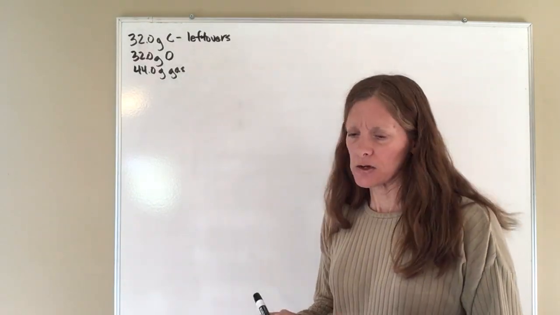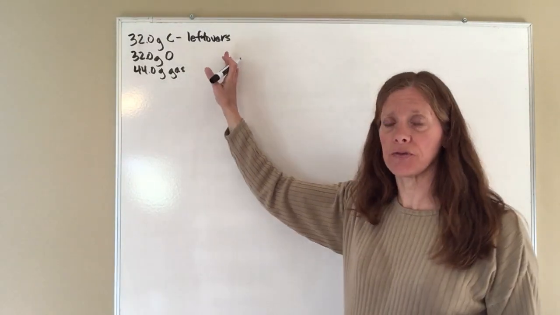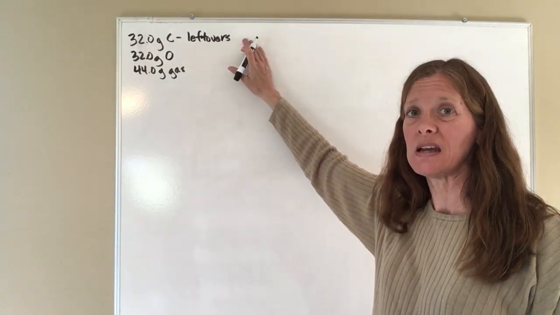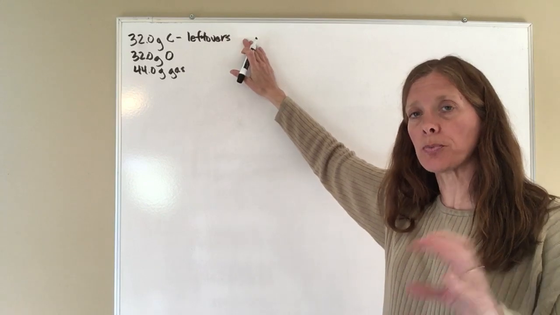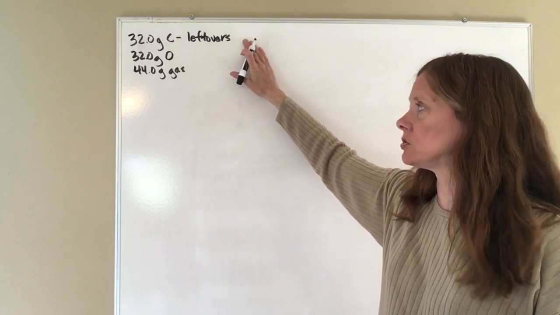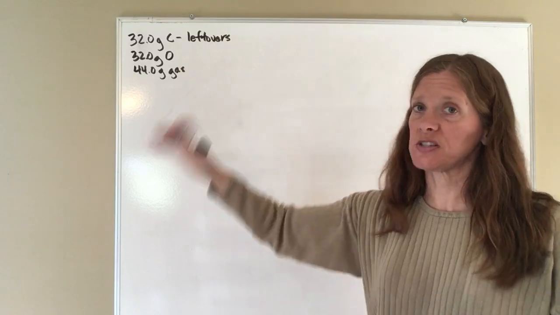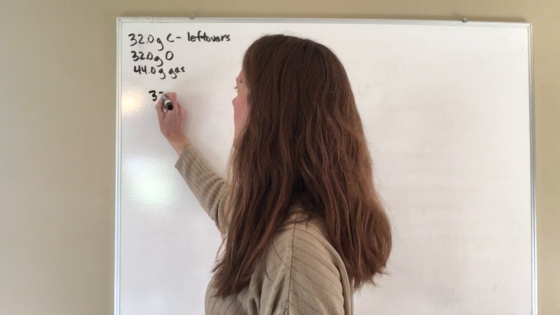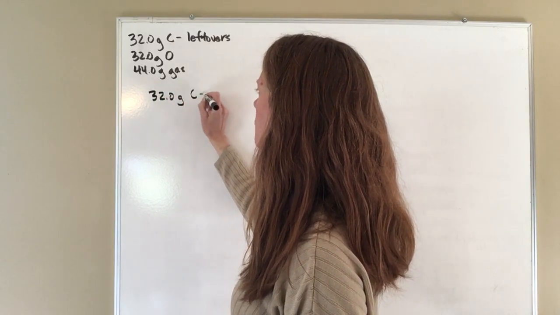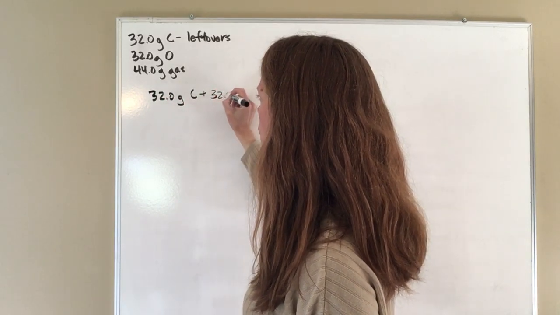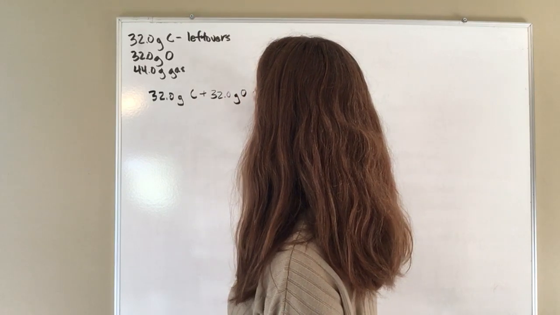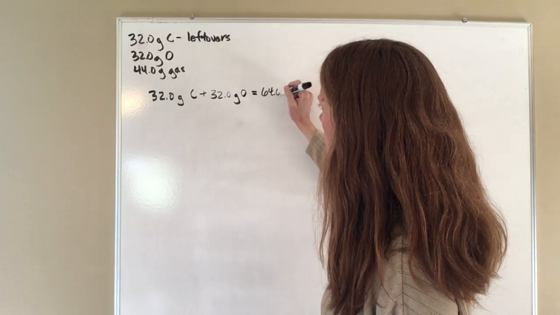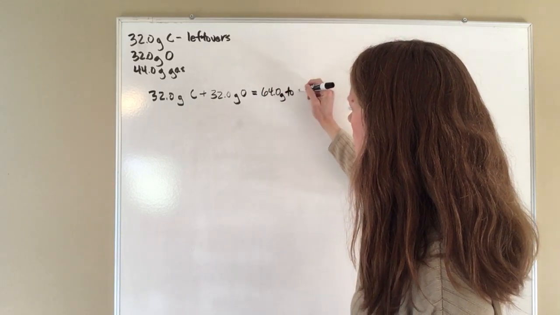Okay, in order to figure out the information that I need to solve this problem, the first thing I've got to figure out is how much carbon I actually use, and I'm using the law of mass conservation to do that. I know that whatever I started with, the same amount of mass has to be there at the end. So at the beginning, I had 32 grams of carbon and 32 grams of oxygen, and if I add those together, 32 plus 32 is 64 grams to start out with.